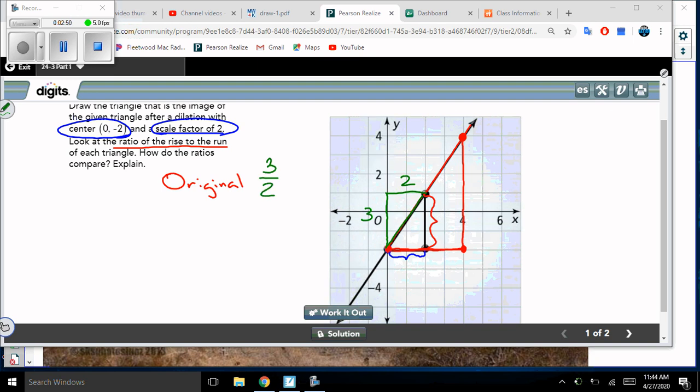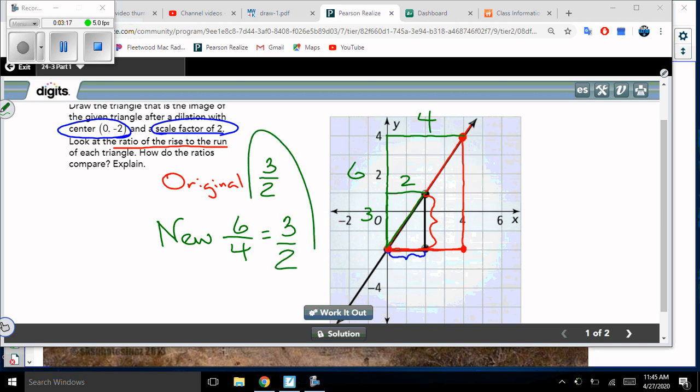If we take a look at the red triangle, in the red triangle situation, we have a rise of 3, 4, 5, 6, and a run of 1, 2, 3, 4. And so on the new triangle, we have a rise over run of 6 over 4, which obviously simplifies down to 3/2.